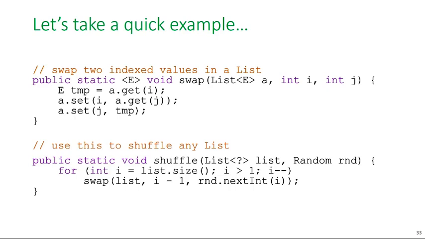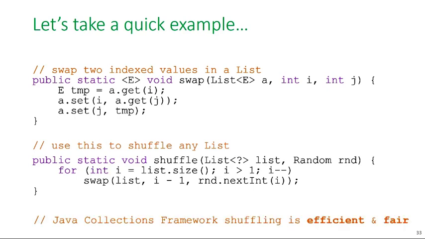So we take all the elements from the end of the list and we swap them randomly with some place in the list. And I don't know if it's true for Java 9, I didn't check, but for Java 8 at least, and I don't see why it would change, that's actually the essence of the shuffling method in Java.